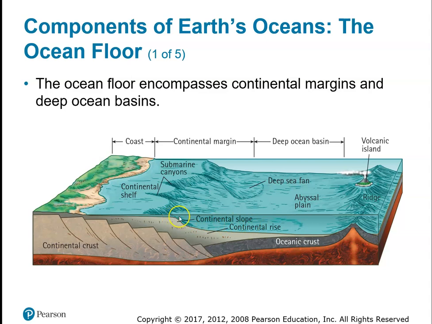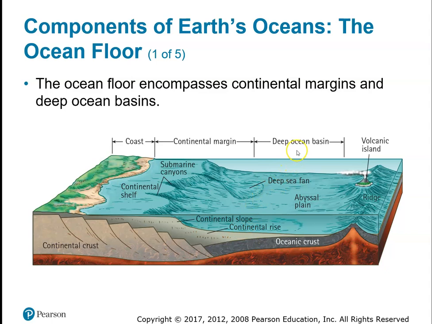That's going to be at a very great angle, and towards the bottom of the continental slope, you'll have a bunch of sediment that builds up. Dead marine life will build up right here, and that's called the continental rise, at a much smaller slope, and that leads us into the ocean basins.